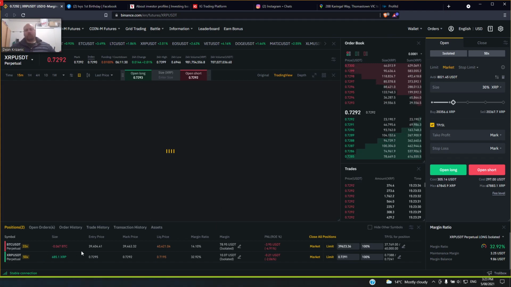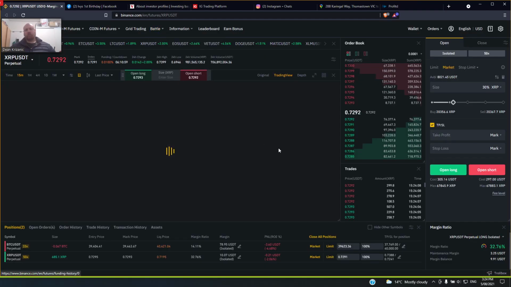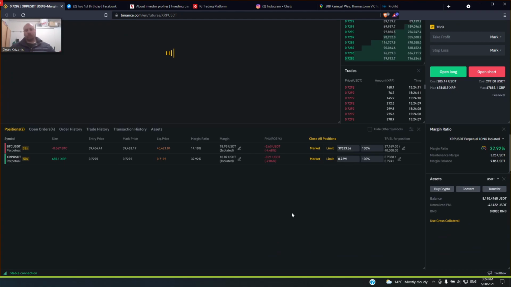And 50x leverage, I don't really like 50x leverage, because if I close it now, I'm going to get charged fees, and I'm going to get charged because it's using such high leverage to also fund the funding rate. So sometimes you just got to use your own know-how and what you want to achieve, instead of just going solely off this. But I'll let them play out.